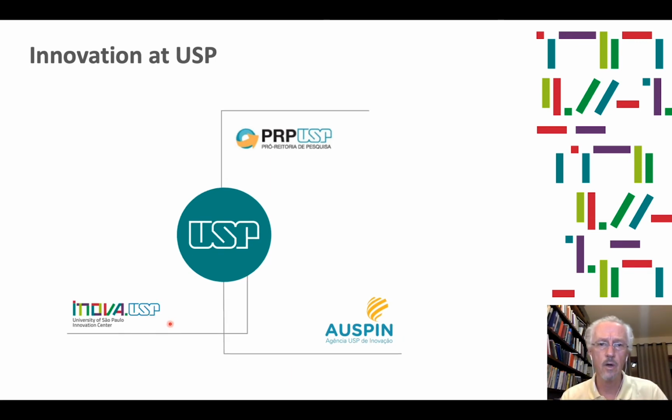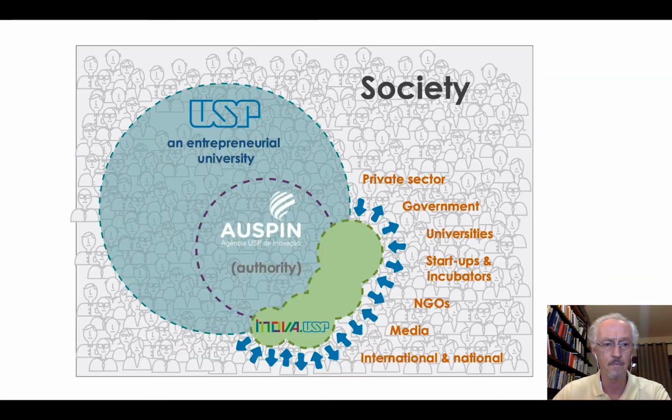About 3 years ago, a new initiative was launched, the University of São Paulo Innovation Center, Inova-USP, a new front end of innovation at the University of São Paulo. So the idea was to create a specific enterprise devoted to fostering collaboration with third parties in the area of innovation and applied sciences, private or public, universities or companies, national or international.